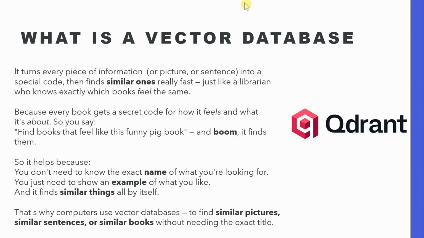Now, I completely understand this may not make sense to you yet. As we move along and get through the chatbot, you will start to see why it makes sense, because vector databases are difficult to explain. You may hear terms like RAG or the RAG pipeline.